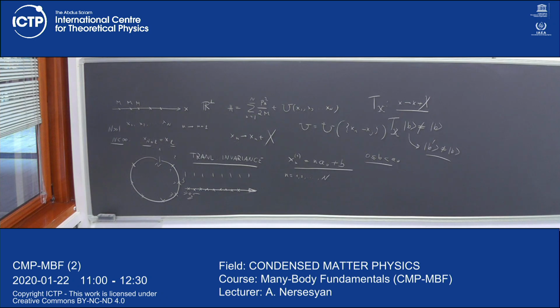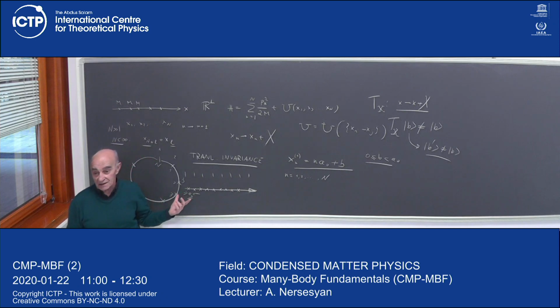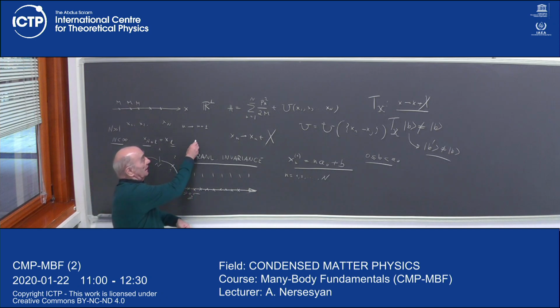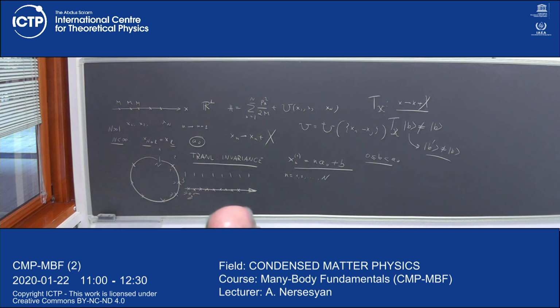The symmetry, the true symmetry of the system, since the minimal energy state represents a lattice, the only degree of freedom I'm left with is translations by A naught, by the lattice spacing, all the multiples of lattice spacings. So the symmetry not of the Hamiltonian, the symmetry of the state, the symmetry of the lattice per se, is lower than the symmetry of free empty space.